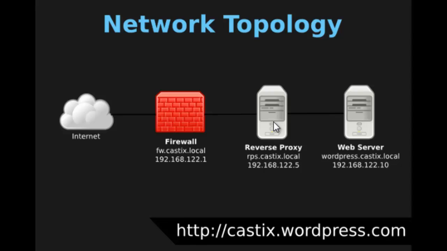The RPS itself will then establish a connection to the back-end server, which is our website we set up in the previous screencast, in order to finally send the content back to the reverse proxy, and then the reverse proxy in turn sends it back to the internet. All this, of course, goes via our firewall where we'd have our NATting set up to convert from clients connecting on the internet to our internal address here.